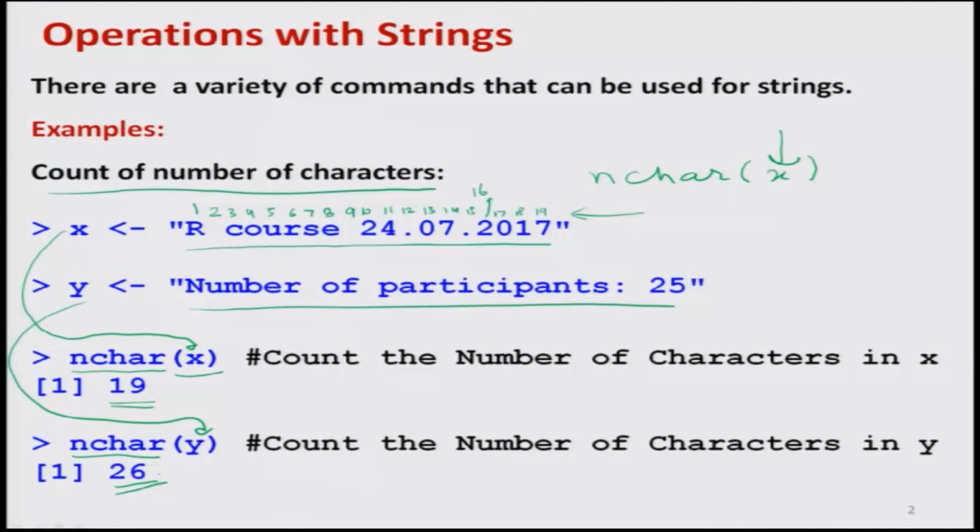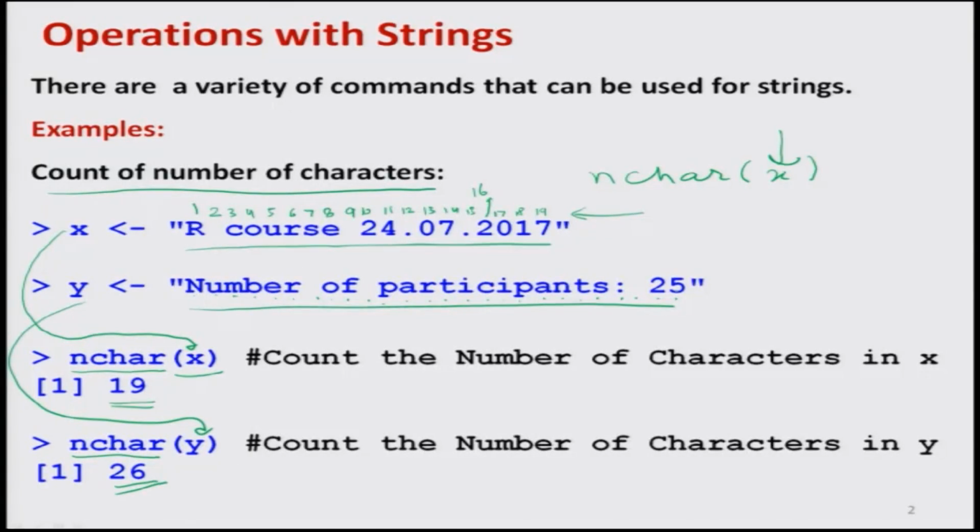So, there are 26 characters in this string, and you can count it: 1, 2, 3, 4, 5, 6, 7, 8, 9, 10, 11, 12, 13, 14, 15, 16, 17, 18, 19, 20, 21, 22, 23, 24, 25 and 26.